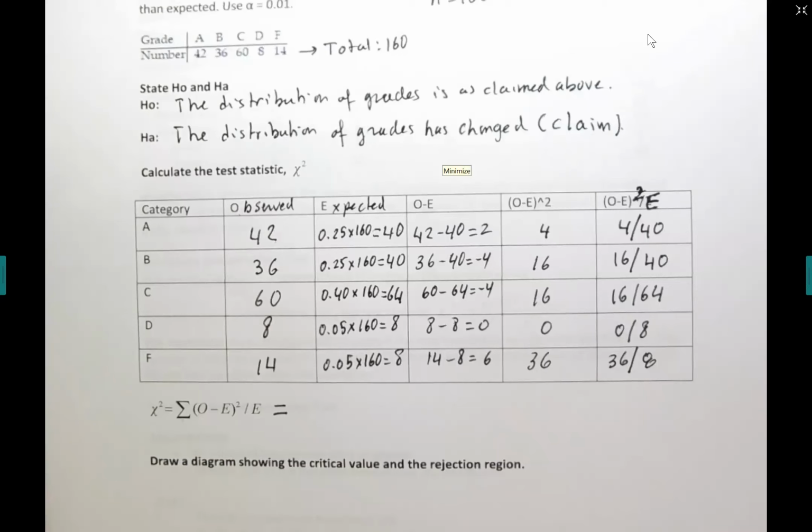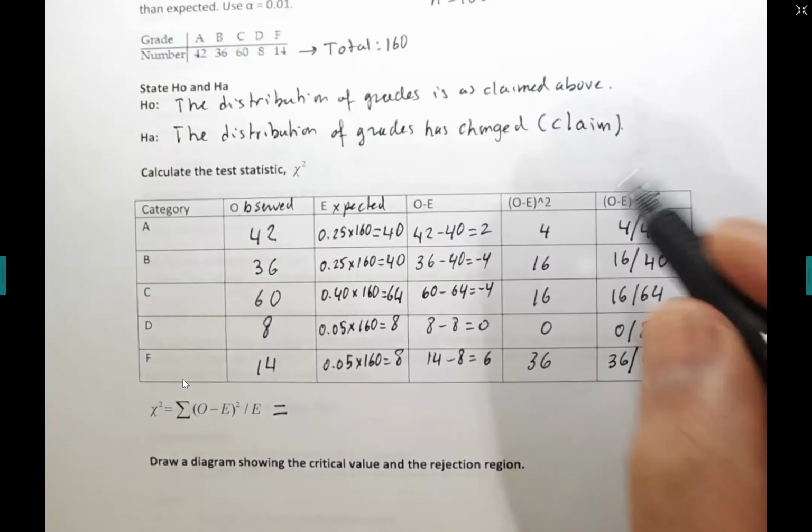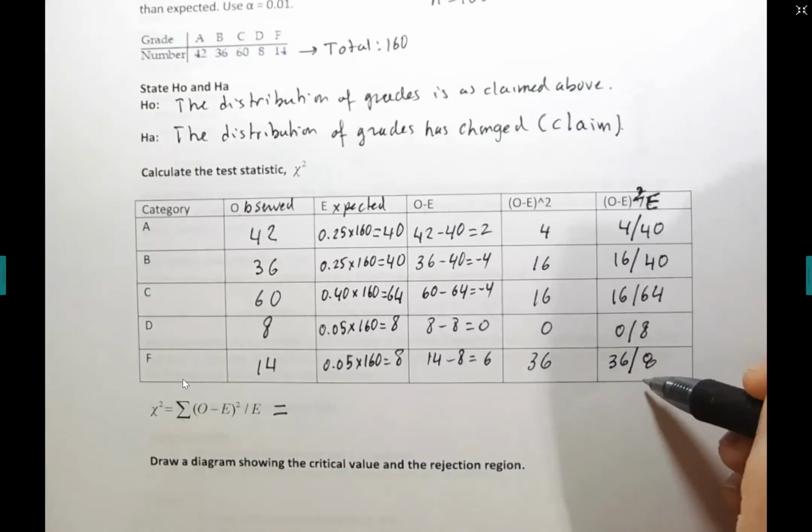What is the test statistic? I said it is the sum of (O minus E) squared divided by E. You see this column here? It's called (O minus E) squared divided by E. You just add them up and you get the test statistic. So I'm going to just add up all of those. That will be your test statistic.